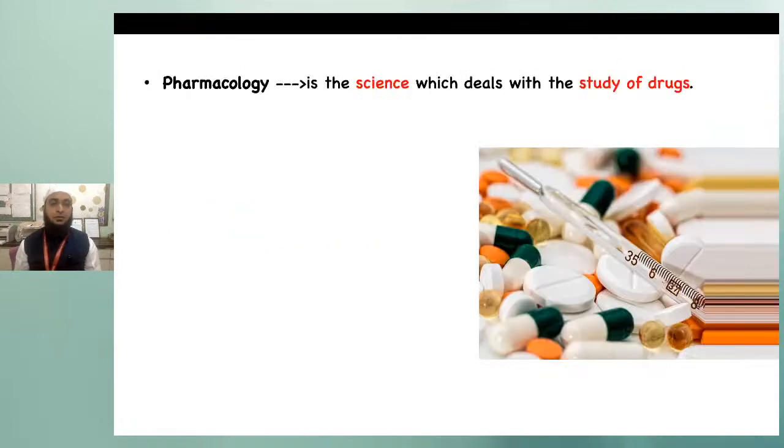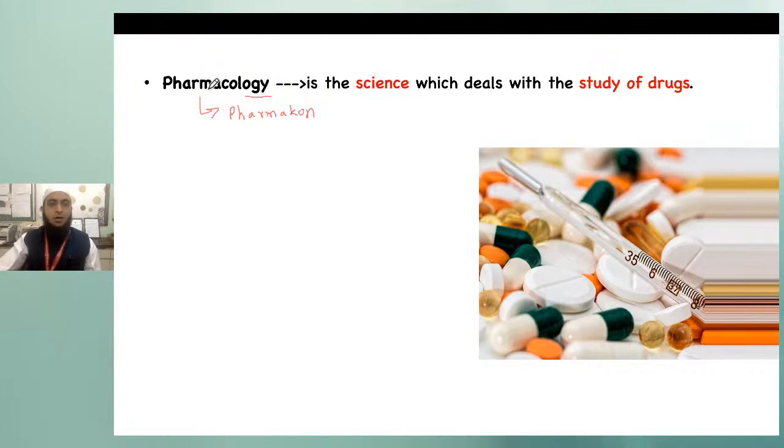Let's start with the definition of pharmacology. Pharmacology, basically, is the science which deals with the study of the drug. Any science which deals with the study of the drug is called pharmacology. This term pharmacology comes from the Greek word pharmakon. Pharmakon means the drug, and the second part is logy.